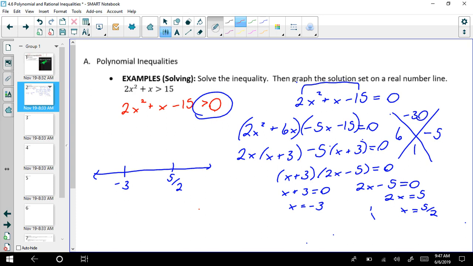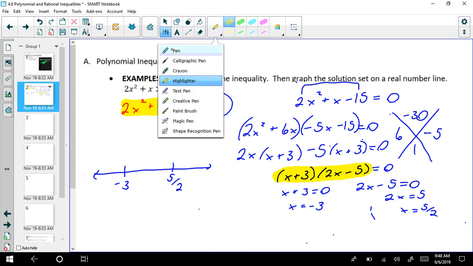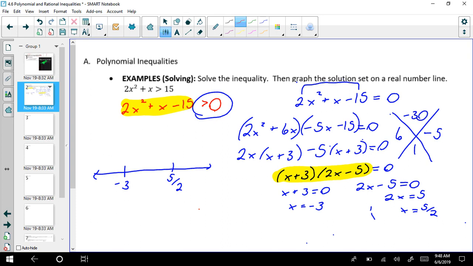Now when you substitute it in, I'm actually going to use the factored form because I think it's a little more user-friendly. I don't care where you substitute it in. If I put negative 4 into the factored form for the x's, negative 4 plus 3 is negative 1. 2 times negative 4 is negative 8 minus 5.